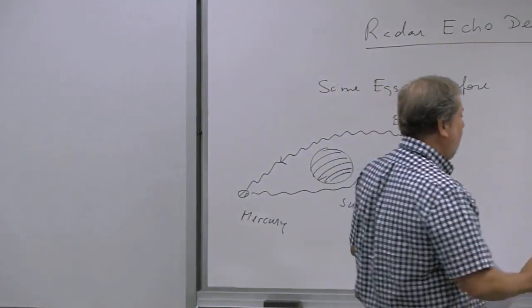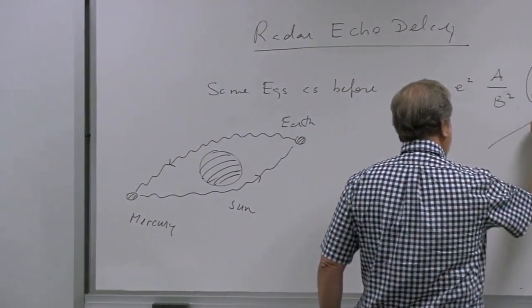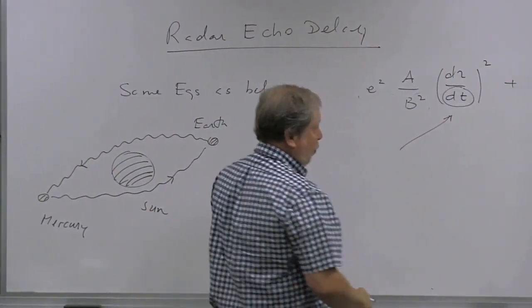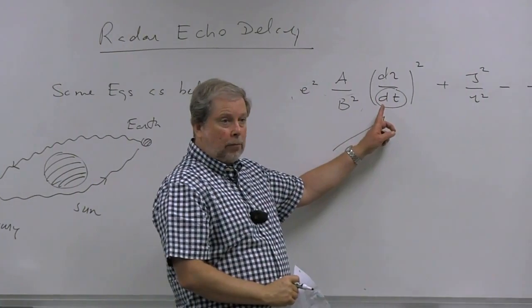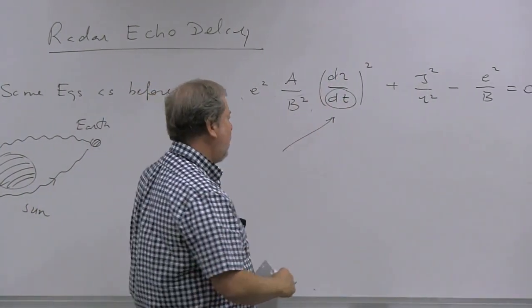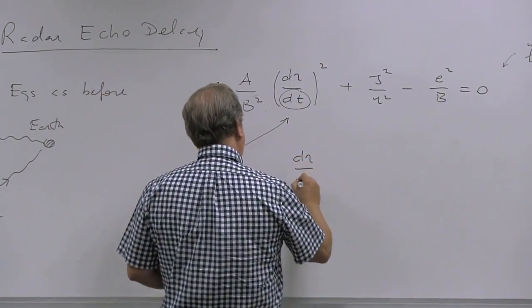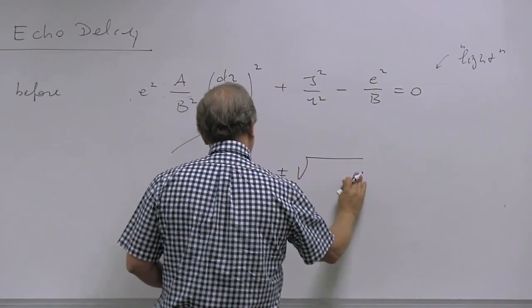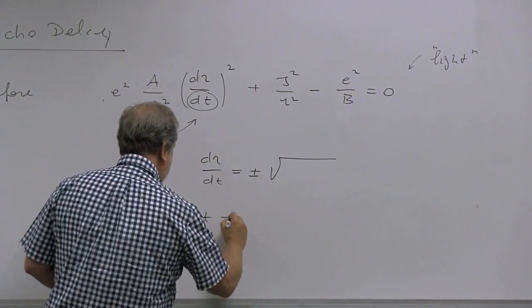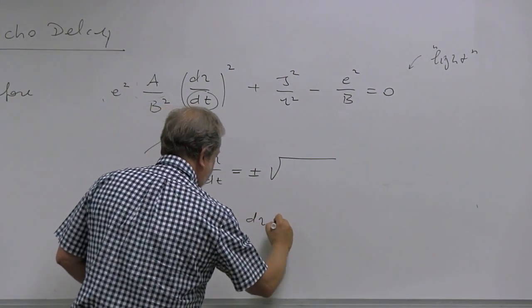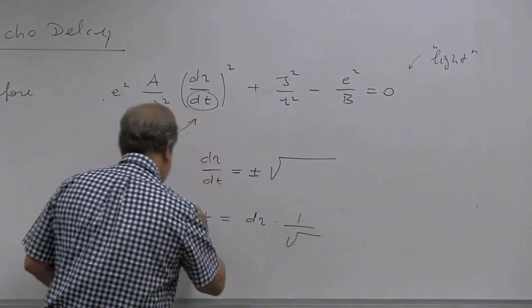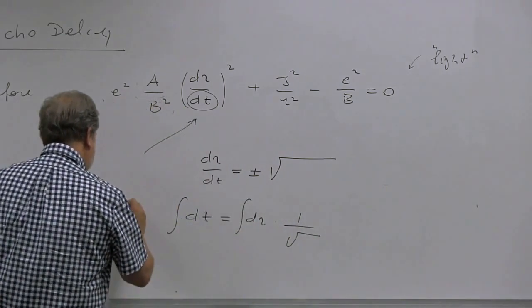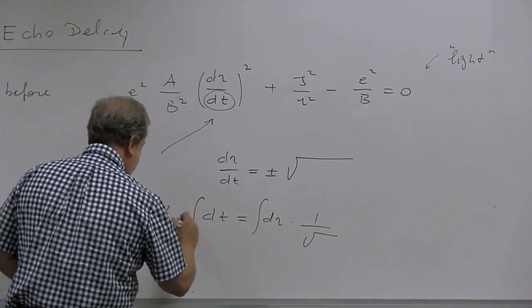But nevertheless, you can imagine, at least when it comes to the theoretical prediction, what you're going to do again is isolate the dr by dt term. Dr by dt is going to be equal to plus or minus the square root of something, and then write dt equal to dr times 1 over the square root, and then integrate on both sides, and this will be t minus t naught.